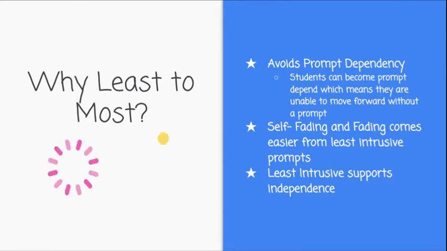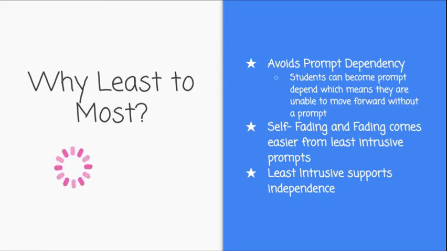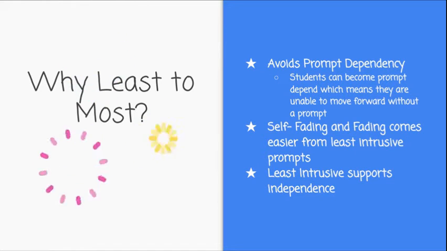A lot of times we'll see prompts on an IEP. We have started to go away from prompts on an IEP. First, we want to get the child doing the desired behavior or desired pro-social behavior. Once we do that, then we can start to fade the prompts. That's the most important piece.